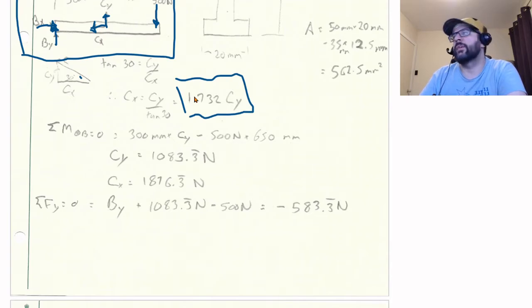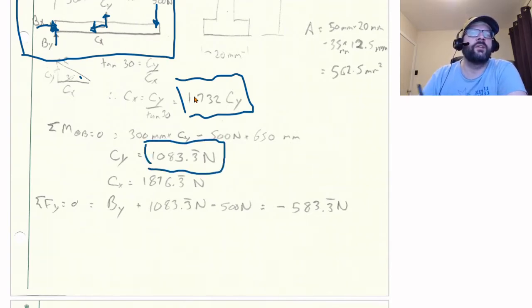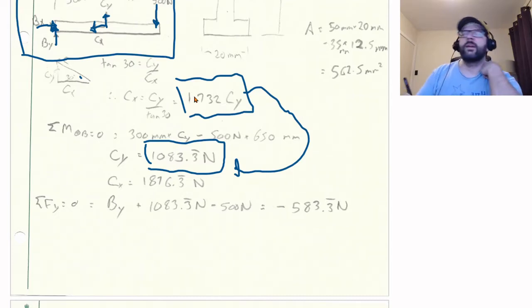So we can solve for Cy as 1083.333333 newtons, which means that we can solve for Cx by multiplying that by 1.732, which gives us a Cx of 1,876.333 newtons.